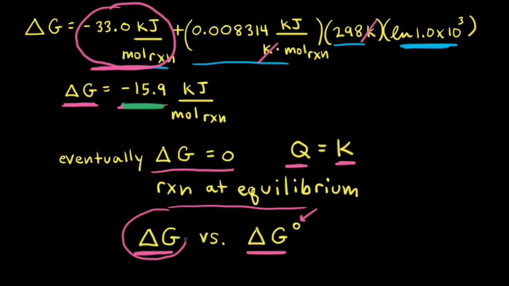Delta G is talking about the instantaneous difference in free energy between reactants and products. And as long as there's a difference in free energy, there's a driving force for the net reaction to go to the left or to the right. And eventually, when delta G is equal to 0, the reaction is at equilibrium. Delta G is only equal to delta G naught when the reactants and products are in their standard states.